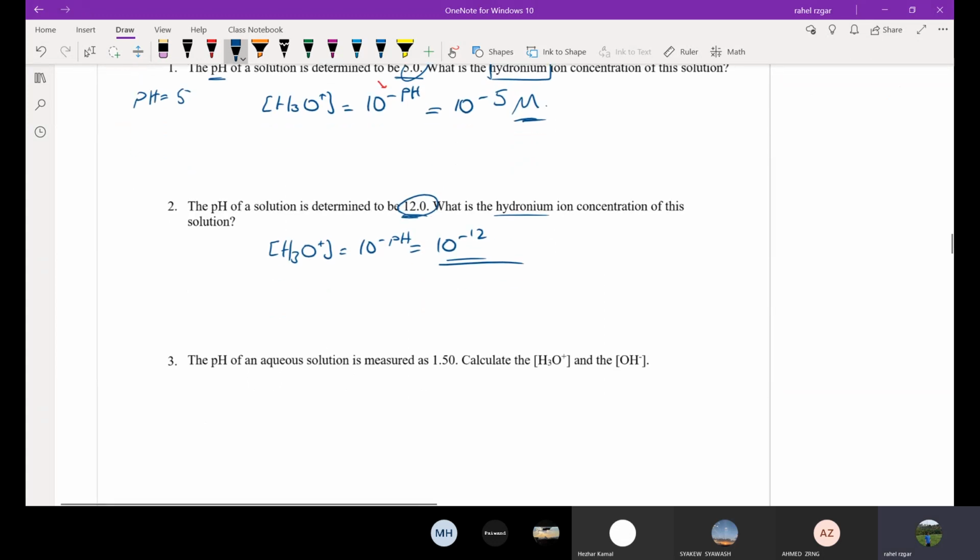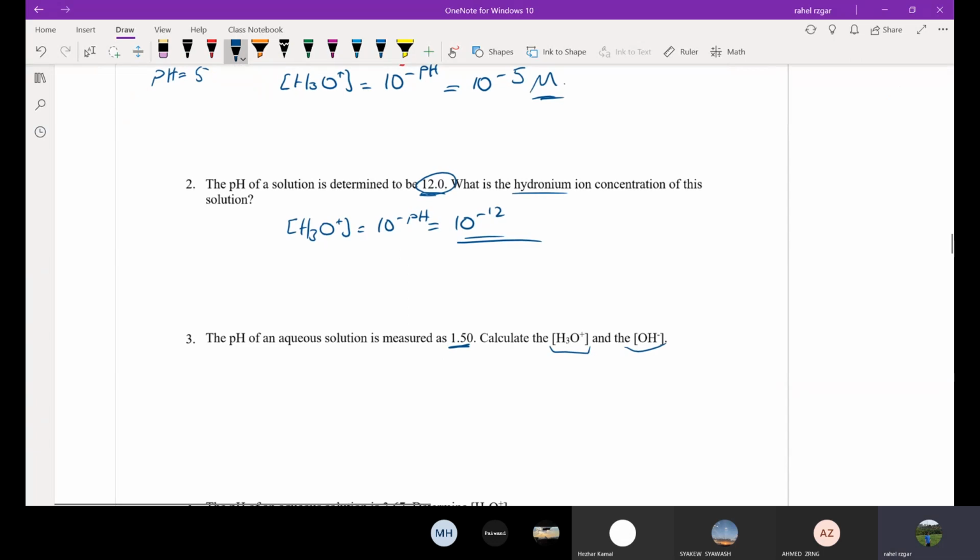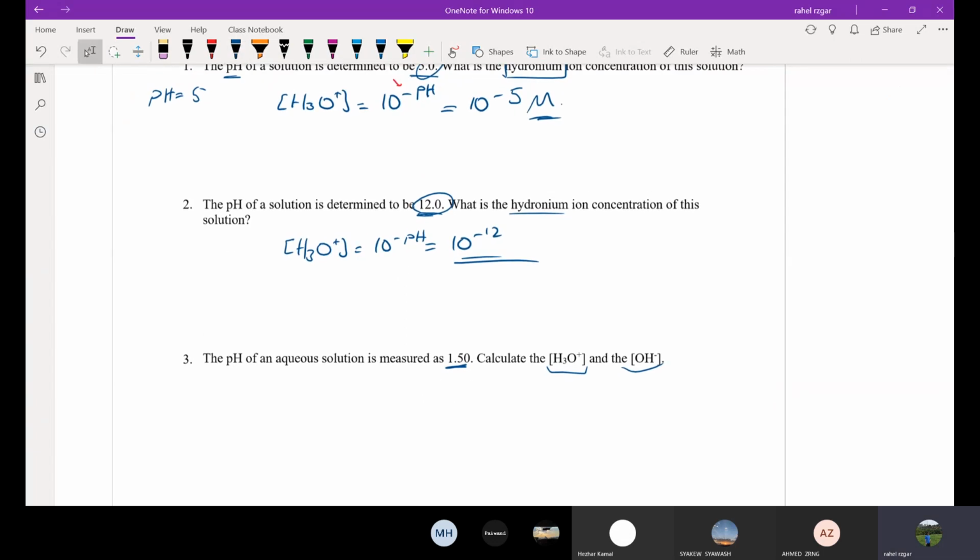But if you look at question 3, pH is 1.5 and it says find the concentration of both H3O and OH. Look at here. Which questions might be asked like this? For example, you have a pH of 1.5.